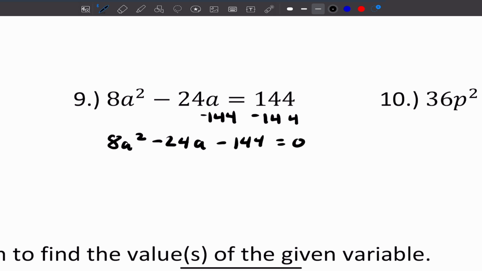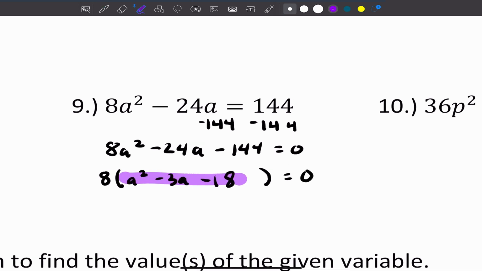The GCF will be 8, so I'm going to factor the 8 out of this trinomial. So it's 8 times a squared minus 3a minus 18. And you're going to set that equal to 0.